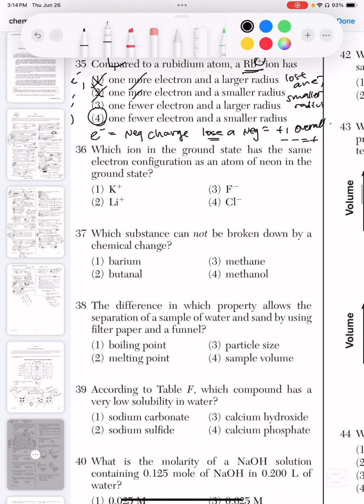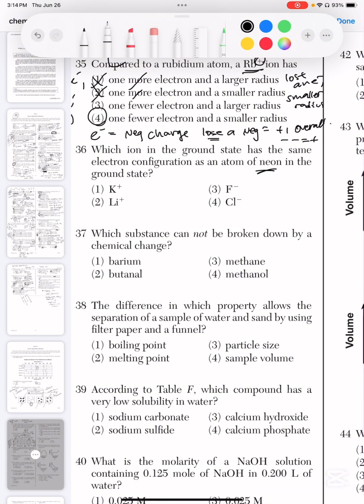And so this 36 asks about the same concept, neon in the ground state. So that would just be sodium.